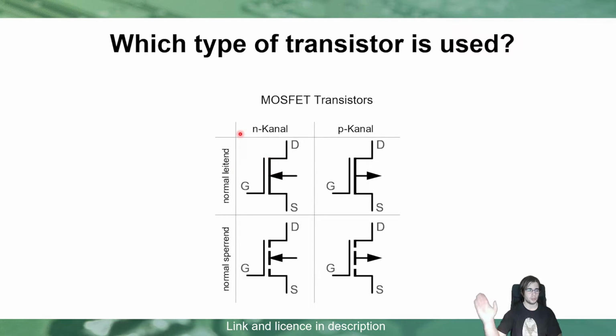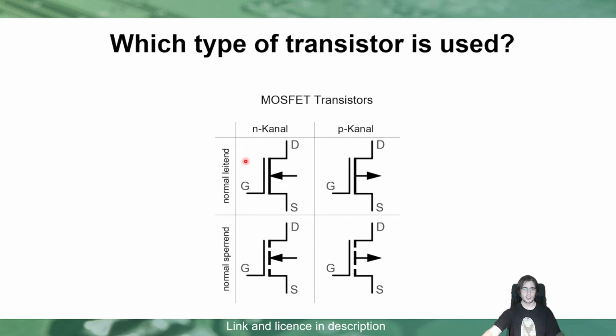Basically, the gate is only opening and closing, but not pushing anything through itself. So it is quite a bit easier to work with, and they can get quite a bit faster. There are two types, or four types technically, as you see here. There is N channel and P channel. N channel and P channel just tells you if the signal at the gate needs to be negative or positive electricity.